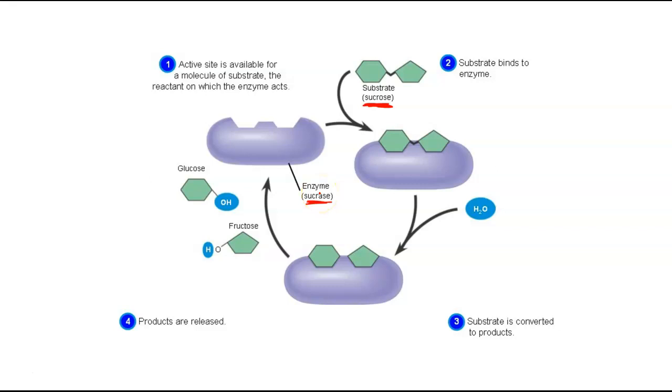Sucrase in this particular example is an enzyme that is used to catalyze the reaction of the breakdown of the substrate sucrose into the two monosaccharide components that are fructose and glucose. Both of those would be individual monosaccharide sugars that are more readily used, more readily accepted by individual cells.